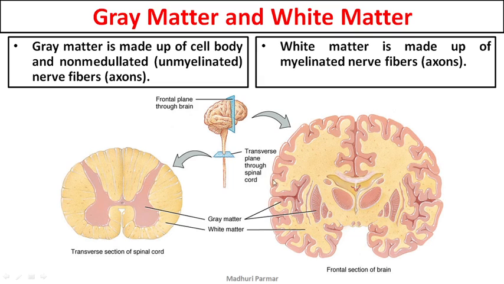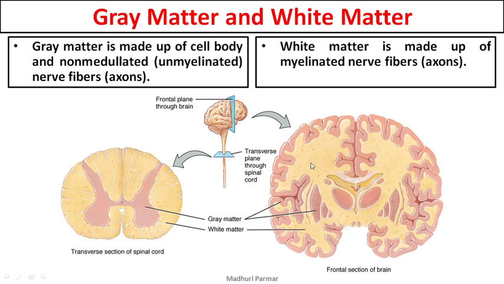It is gray because it consists of cell bodies of the neurons, as well as non-myelinated or non-medulated fibers or axons. Clear? So that is gray matter.